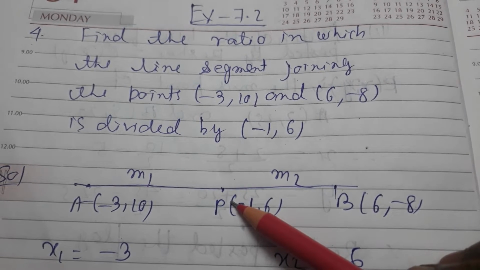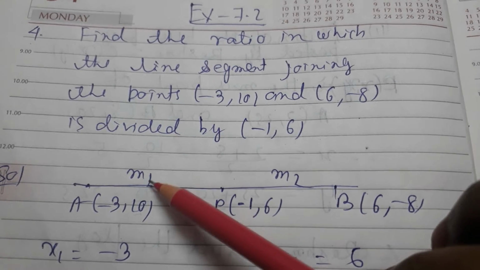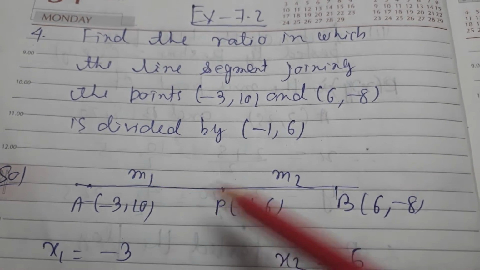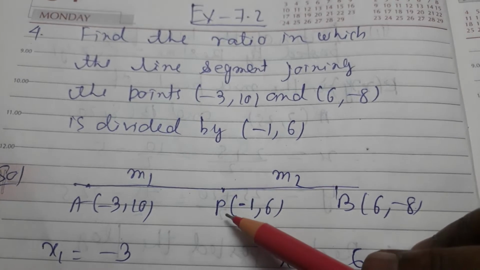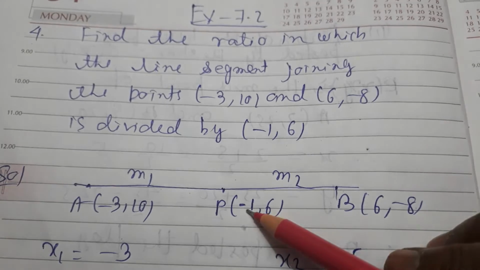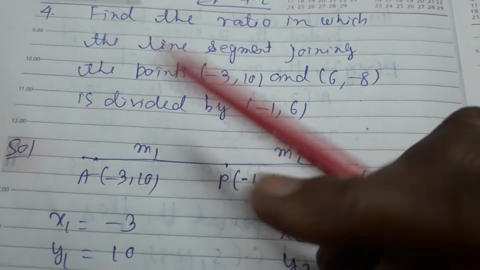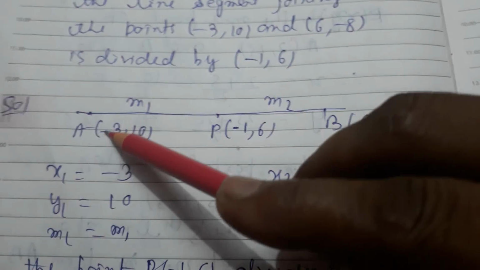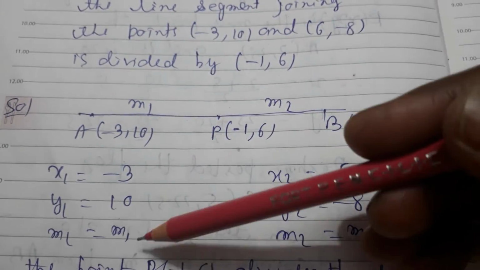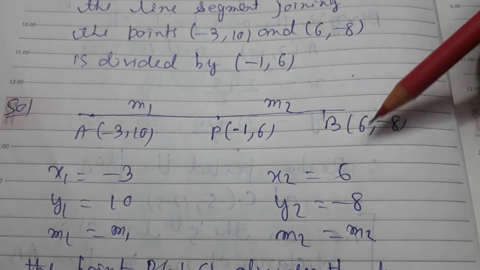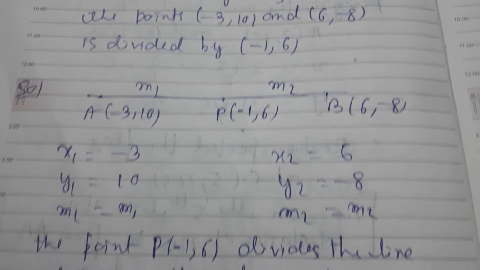P is a point which divides the line segment AB in the ratio m1 is to m2. I have taken it, and coordinate of the point P is (-1, 6). Now x1 is the x coordinate of A, so -3, y1 equal to 10, m1 equal to m1, x2 equal to 6, y2 equal to -8, m2 equal to m2.